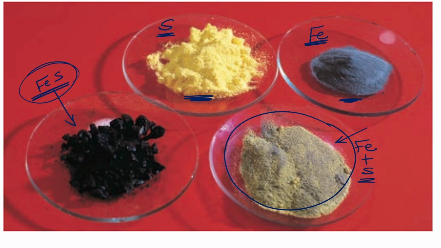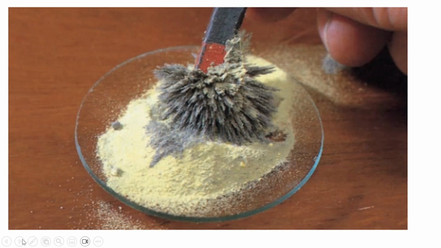On the other hand, sulfur powder is not attracted to the magnet. Here, if we have a mixture of iron and sulfur, just a mixture, can we separate the iron from the sulfur? Yes, we can separate the iron from the sulfur. What can we do? We can just use a magnet here.